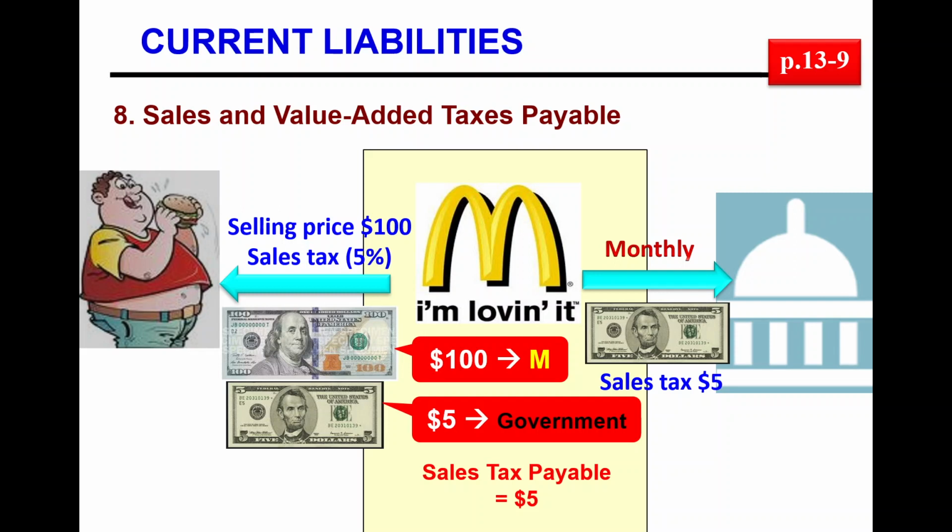So you have a sales tax payable, which means you owe the government $5.